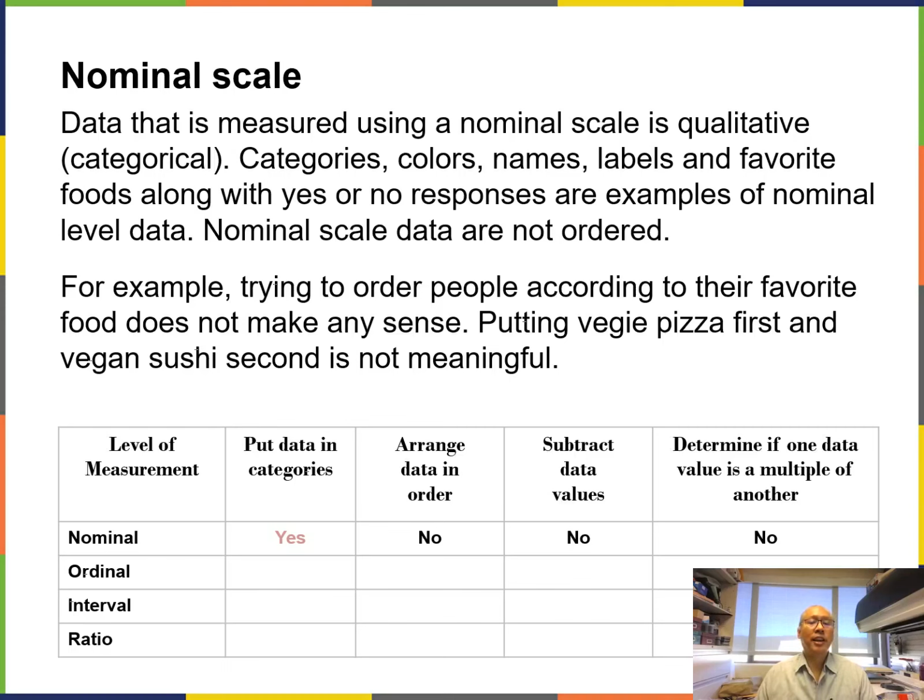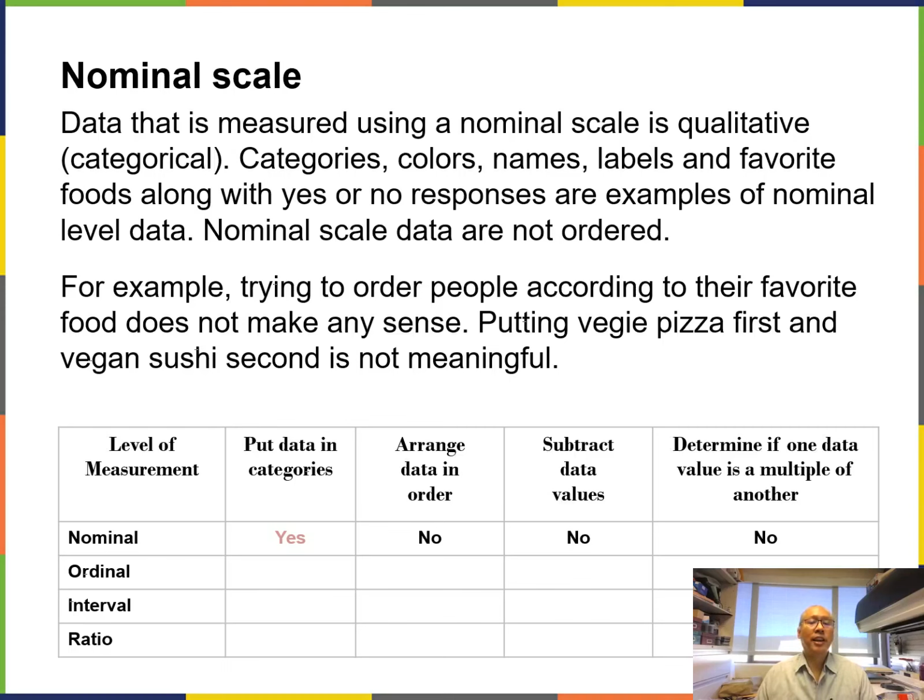Next is interval. Now we're looking at numerical values for sure here, things that can be put in an interval with actual differences between them. Data measured in an interval scale is similar to ordinal, but there's a definite ordering, and there's a meaningful difference between two pieces of data.